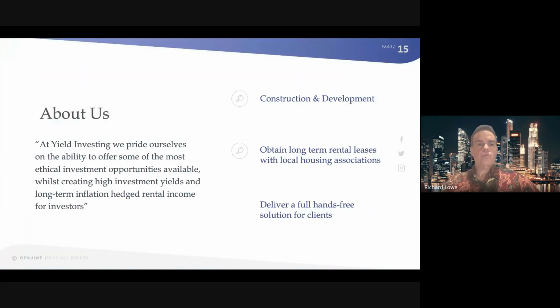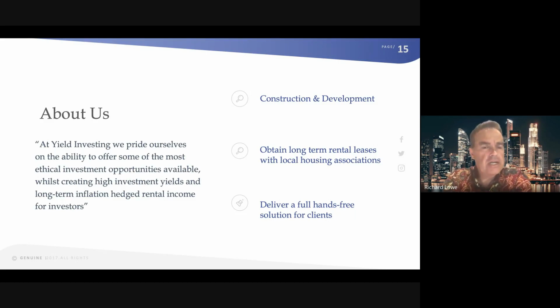So I work closely with a company called Yield Investing, and they're a developer that has specialized in social housing and supported living over the last 8 years. They pride themselves on the ability to offer some of the most ethical investment opportunities available, whilst creating high investment yields and long-term inflation-hedged rental income for investors.